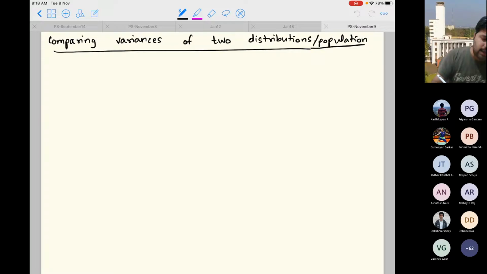So the problem that I am going to have is that x1, x2, up to xn is a random sample from normal mu1 sigma 1 square.